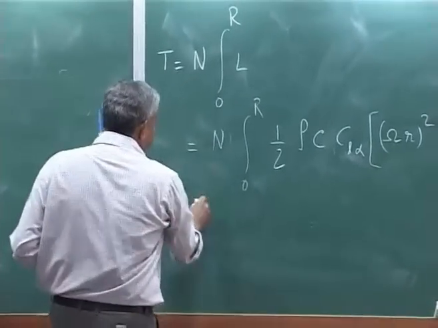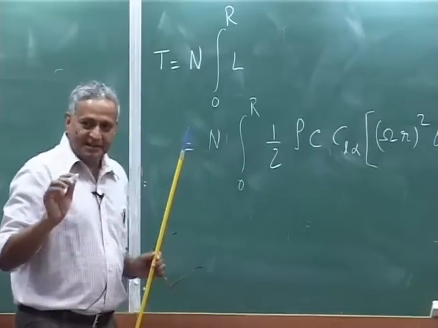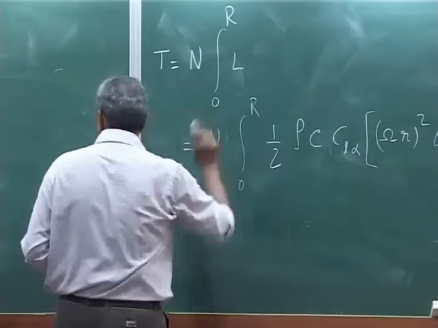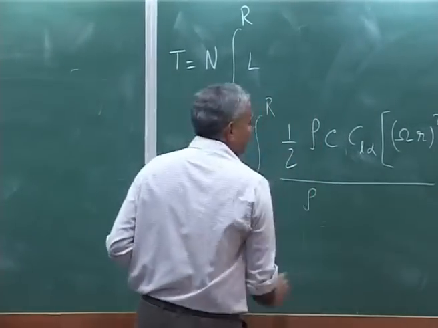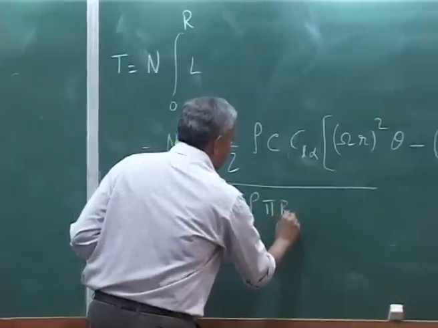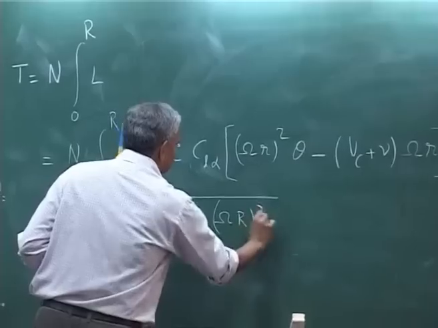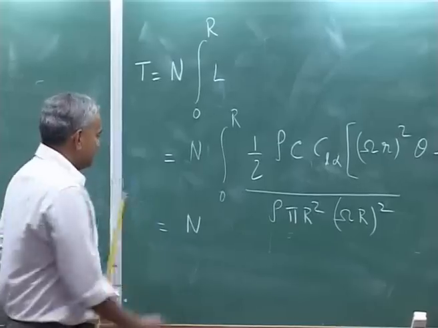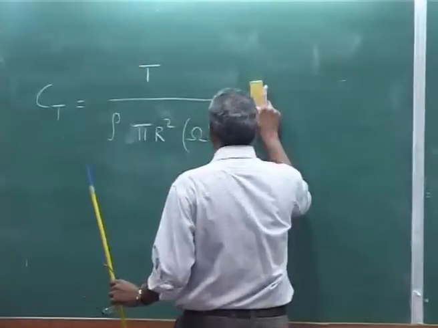Now, when I do this, I will briefly describe, I will have the integral from 0 to R. So, I am going to divide by rho pi R square omega capital R whole square. This is what I am dividing. When I divide, let me write the expression here.